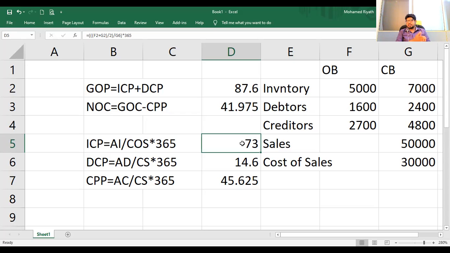You purchase raw material and keep it in your store or warehouse, so it takes 30 days. Then you start production, you put the raw material into the machine, the machine will convert the raw material into output, so it takes 13 days, right?